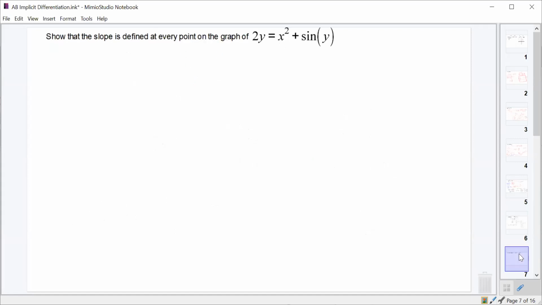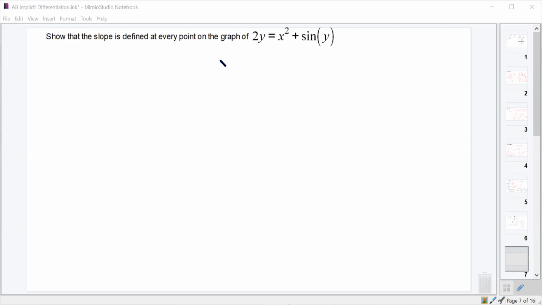All right, next problem. Let's show that the slope is defined at every point on the graph of 2y equals x squared plus sine y. To take the derivative of 2y equals x squared plus sine y, first we'll do the left-hand side.